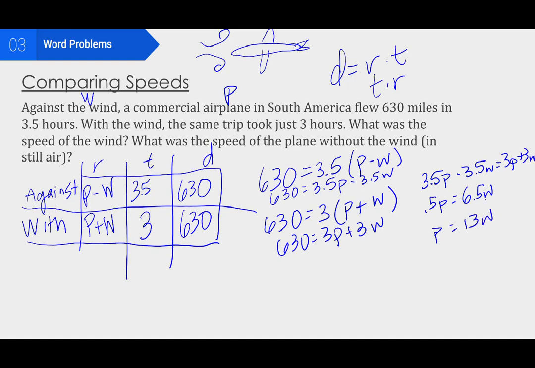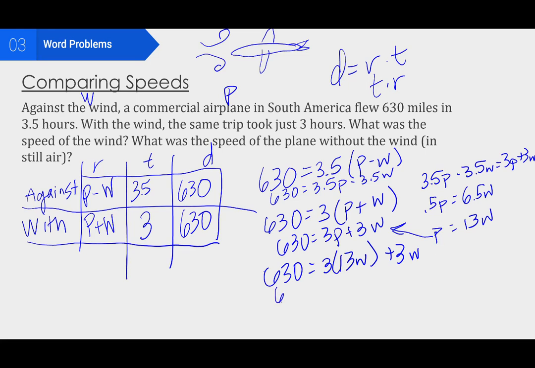We could substitute that. So let's pick one to substitute it in. Let's go right there. 630 equals 3 times 13W plus 3W.